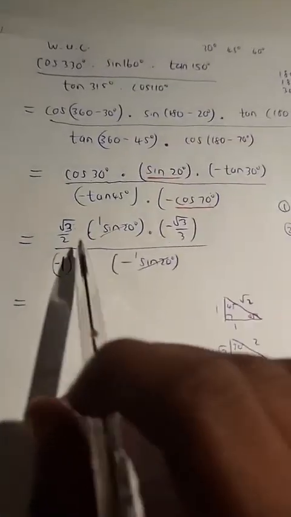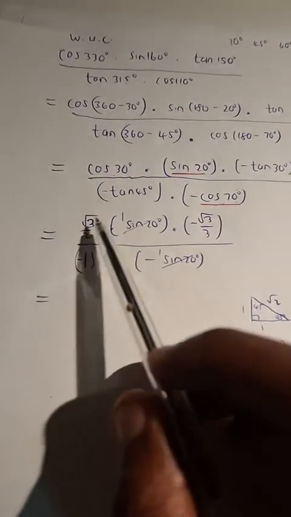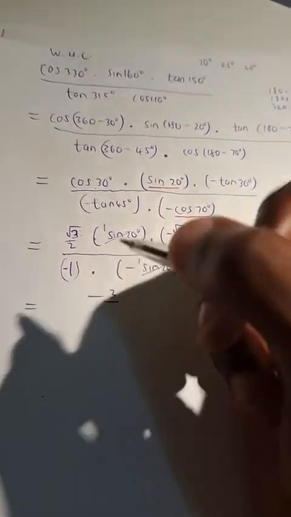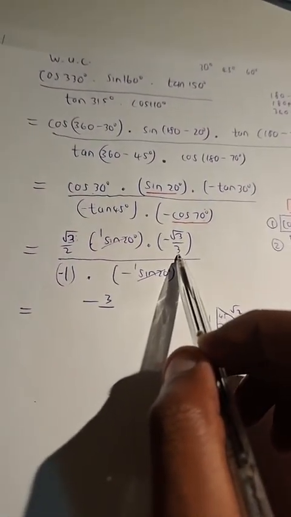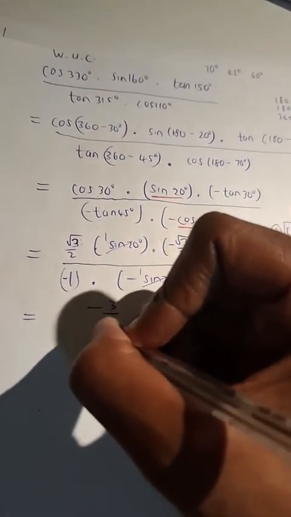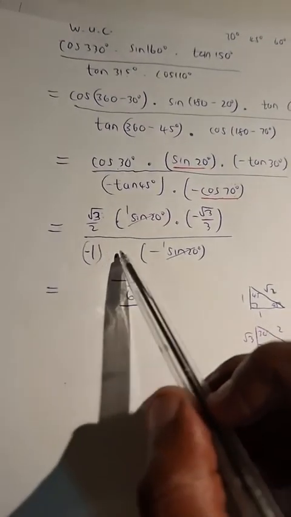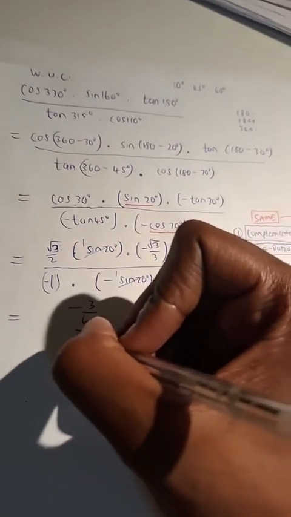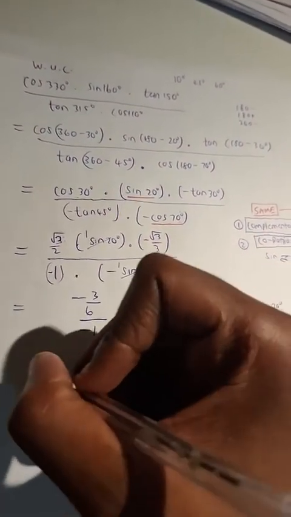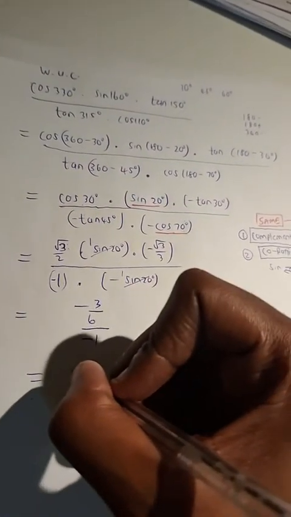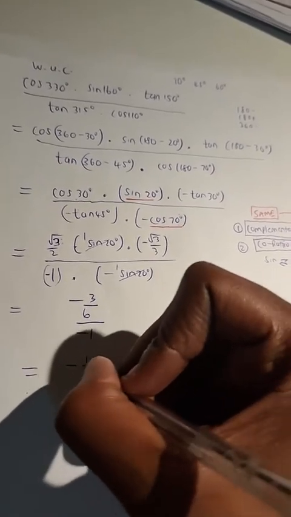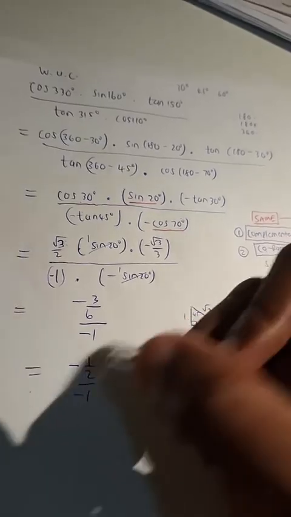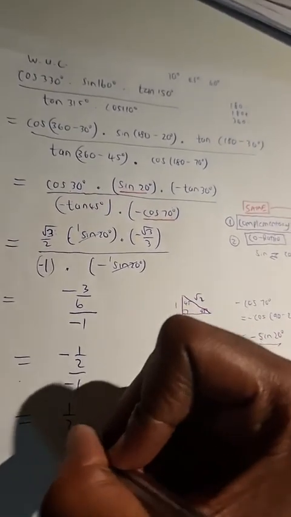Okay, now I will multiply what's at the top. Root 3 times root 3 gives me negative 3 over 2 times 3, which is 6, over negative 1 times negative 1 gives me negative 1. Then obviously this is negative 1 over 2 divided by negative 1, which basically gives me a positive half.